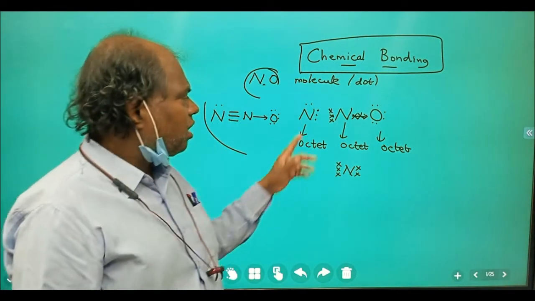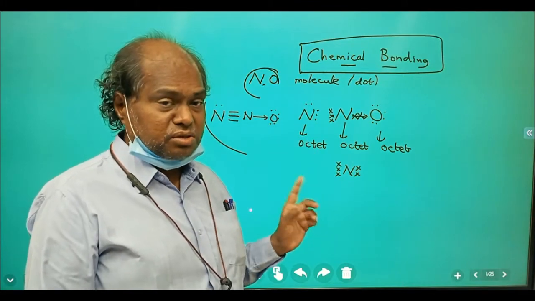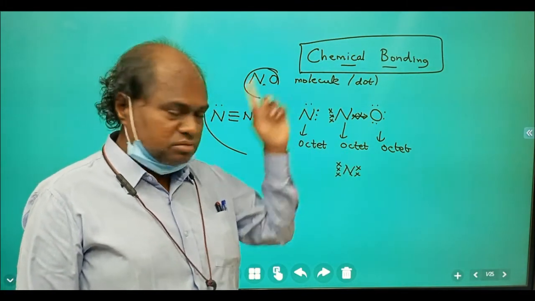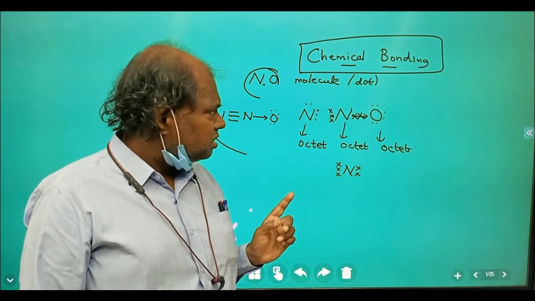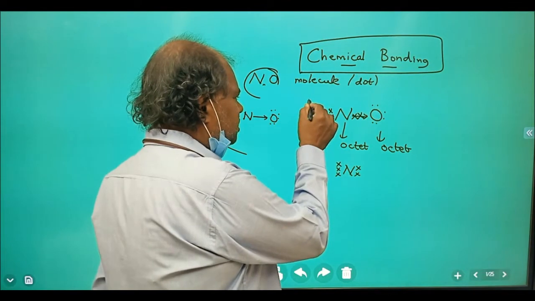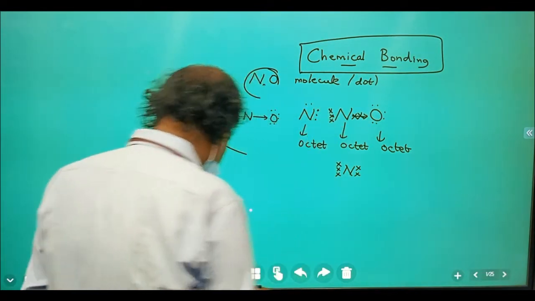Now suppose this structure is drawn for you. Just see very carefully. In the exam they can ask you how many lone pairs of electrons are present in the whole molecule. Please concentrate here. Let us see what the lone pairs are. You see, this is a lone pair, I'll use a different color.